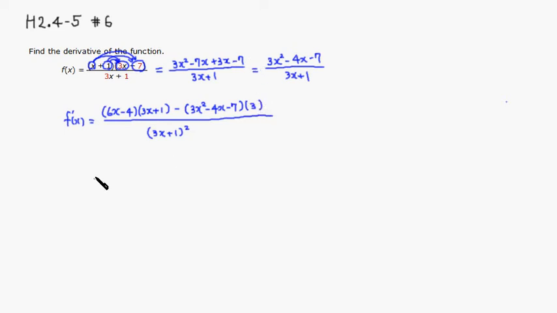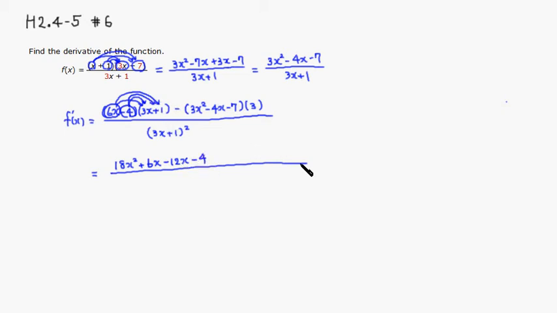So multiply it all out, we'll get 6x times 3x, so that's 18x squared, and 6x times 1 is 6x. Negative 4 times 3x is negative 12x. Negative 4 times 1 is negative 4.